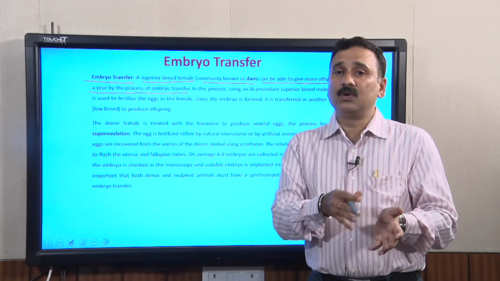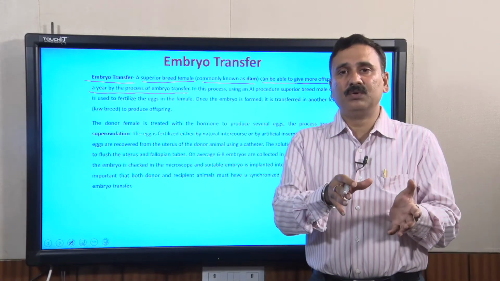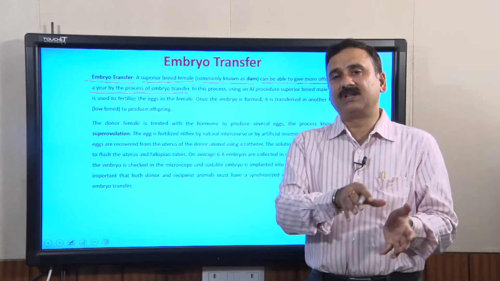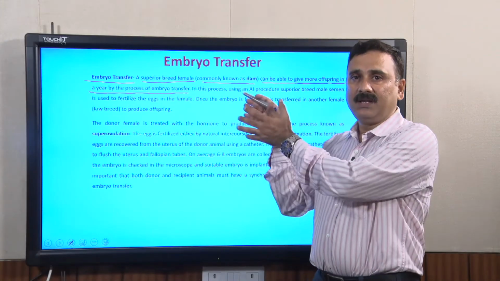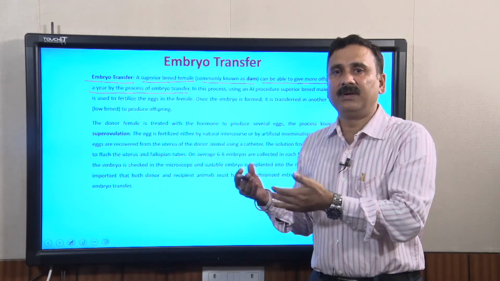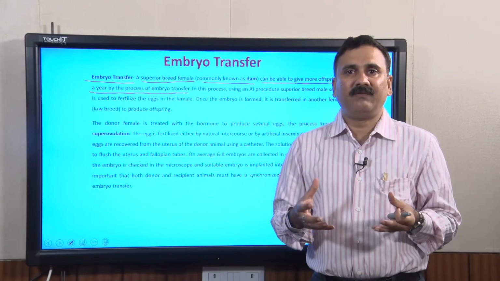But if you want to increase productivity, you can generate the embryos in a superior female, and then transfer these embryos to another female and allow that female to develop the embryo, because what is more important is that the embryo is of very high quality.